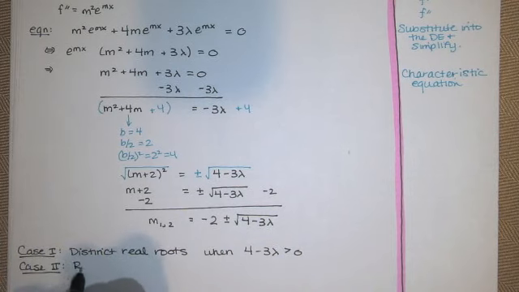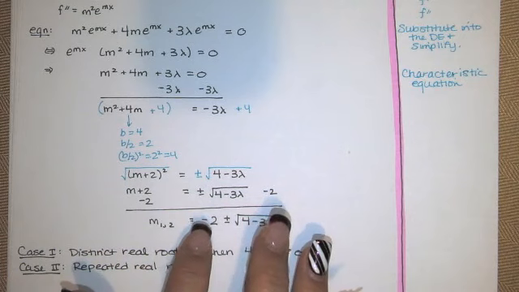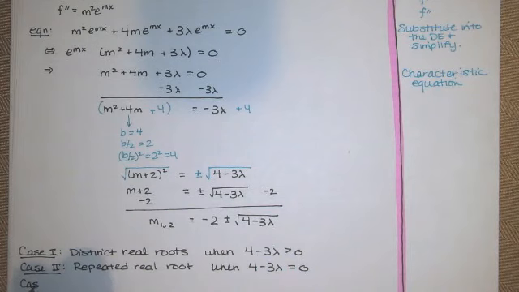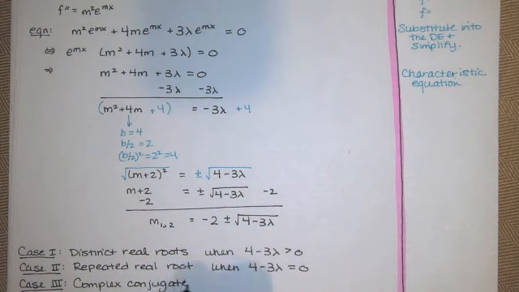Then we would have a repeated real root when this guy under the radical is 0, because then we just have -2 plus or minus the square root of 0, which is just 0, right? And then the third possibility is that we could have complex conjugate roots. And this would be a complex conjugate pair when the expression under the radical is negative.